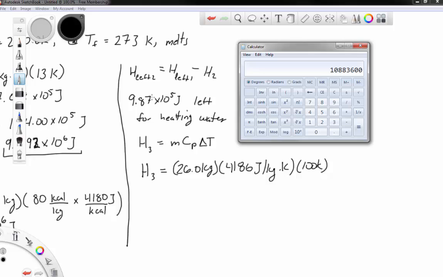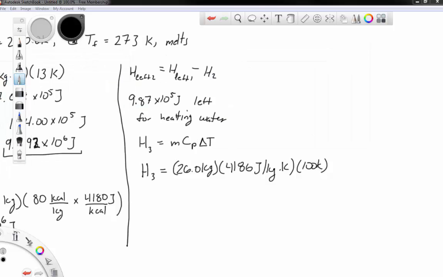So what we need to do is figure out what temperature change we have in this water. So we're going to rearrange this equation. This is greater than 9.87 times 10 to the 5th joules. So we rearrange the equation to solve for delta T. So delta T is equal to the heat left from stage 2 divided by the mass times the specific heat capacity.